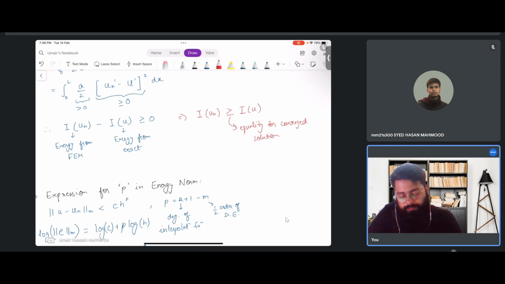Whatever the derivative from this FEM solution is, if we take the difference with the exact solution, this would be some either positive or negative number. But if we take its square, it would be definitely a positive number, and it's almost the same as this.